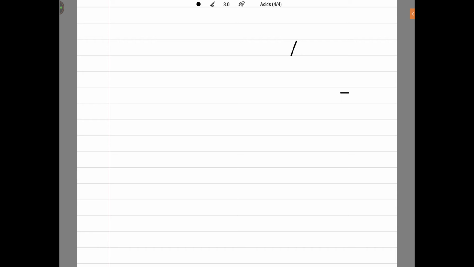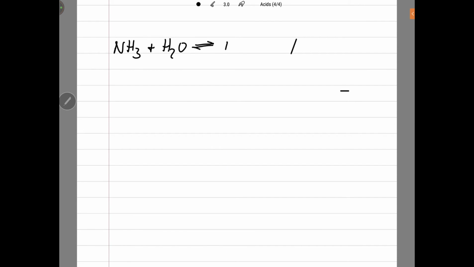Now, what happens if we have not an acid, if we have a base? So, for example, we might have NH3 plus water, and this gives us NH4 plus OH minus.